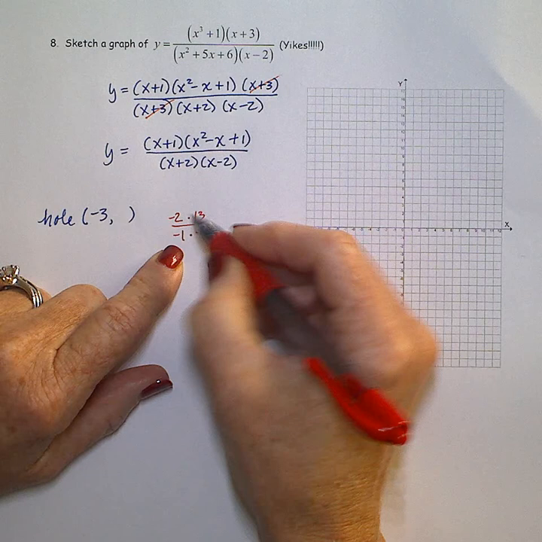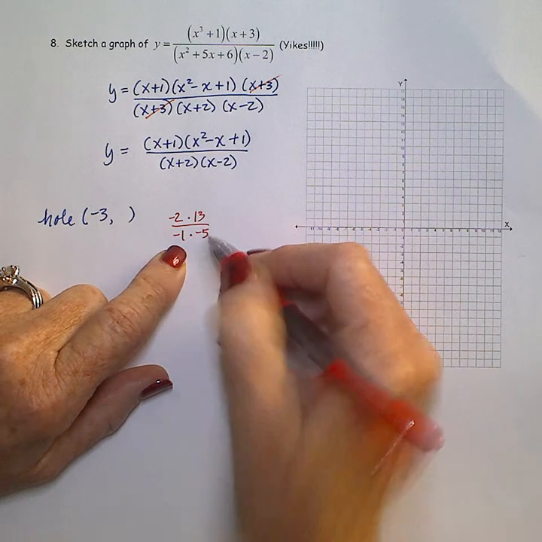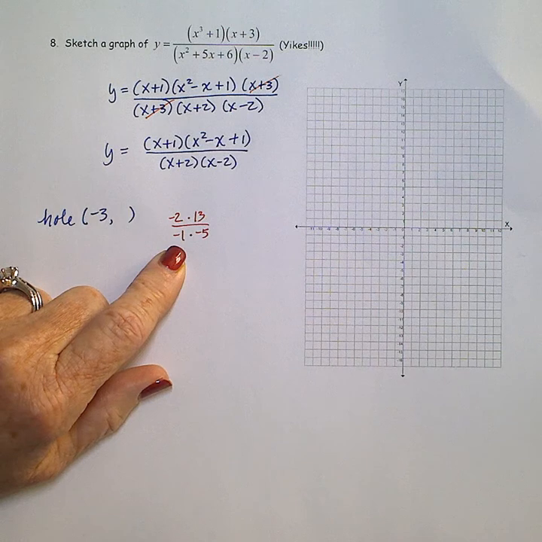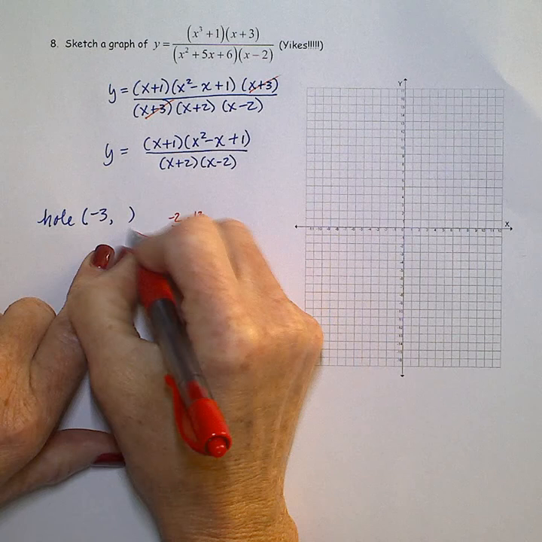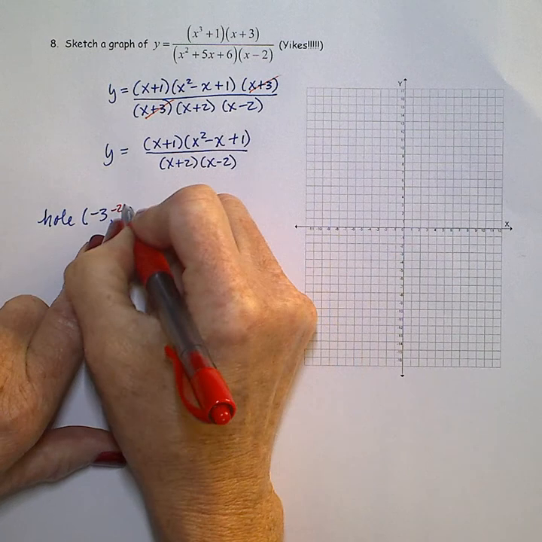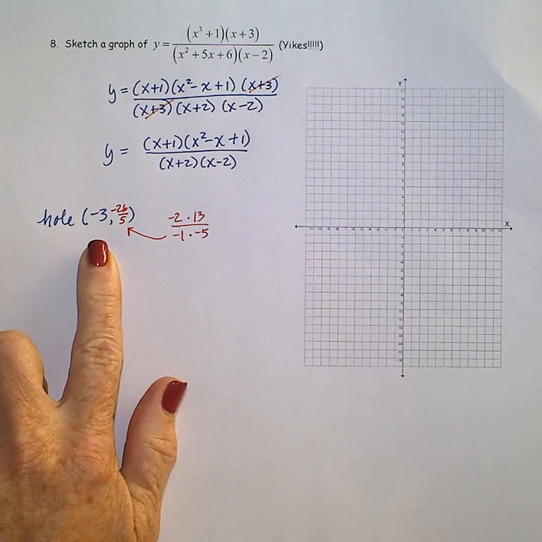So that's -26 over 5? -26 over 5? Yeah. So that's going right here. -26 over 5. There's the y coordinate of the hole. All right.